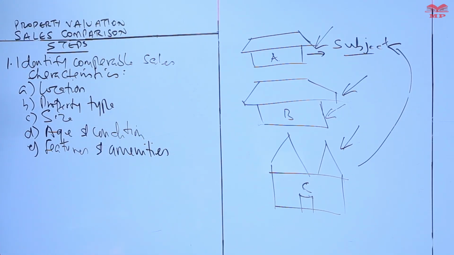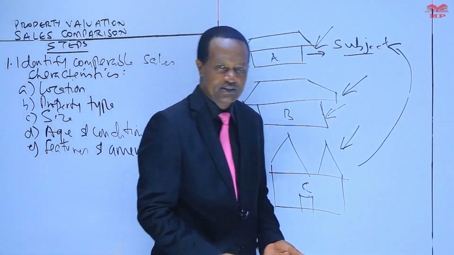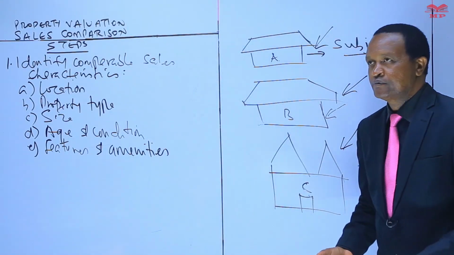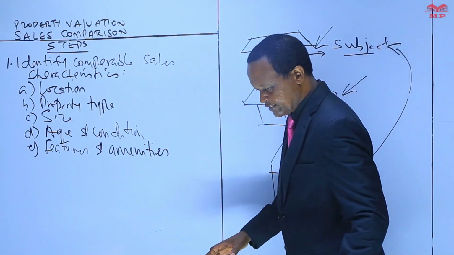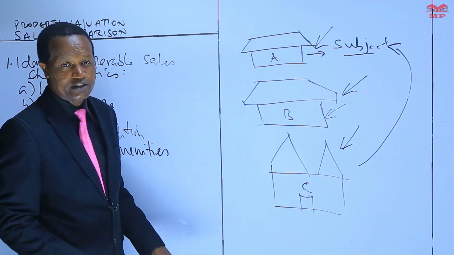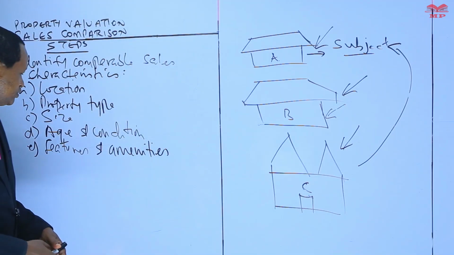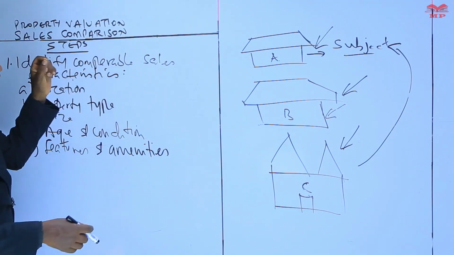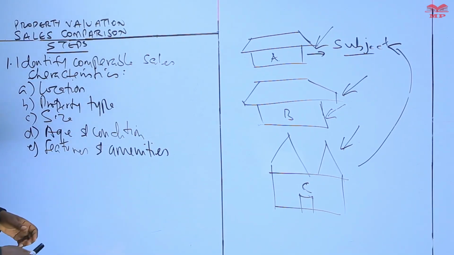There ought to be similar features like garage, fireplaces, swimming pools, the quality of finishes, the floor, is it tiled like the one of the subject property or not, the views and so on. The comparable should have similar features and amenities compared to the subject property.